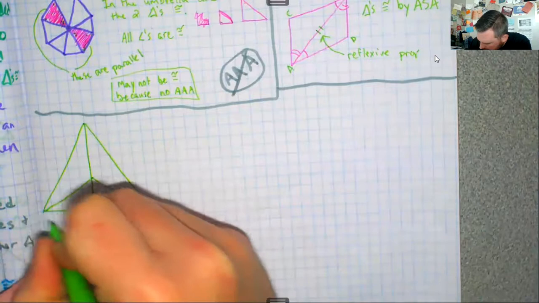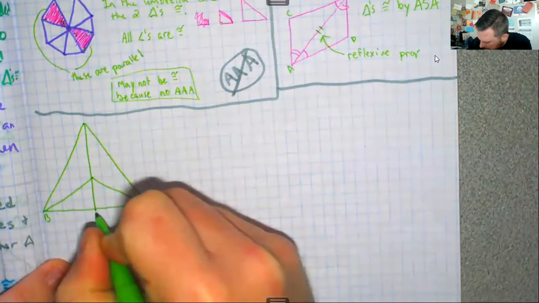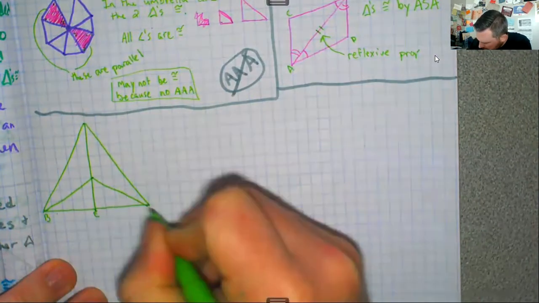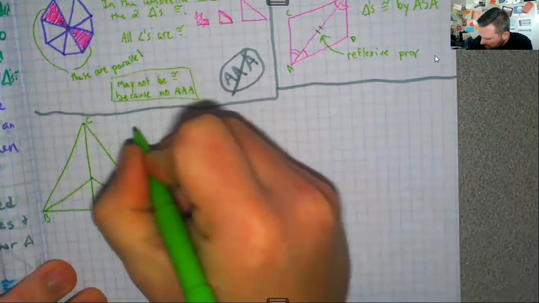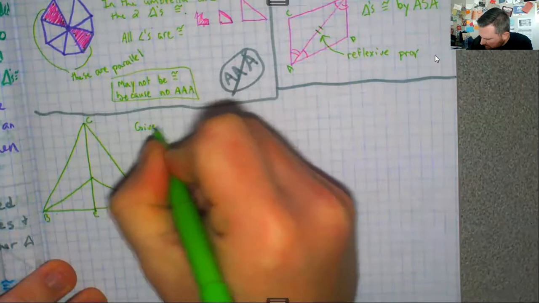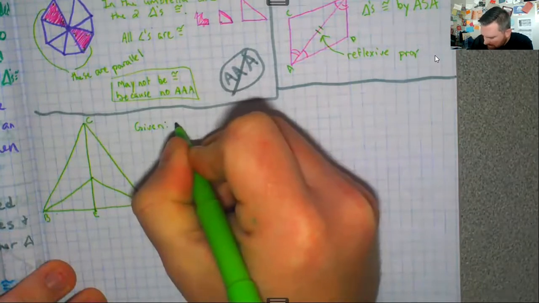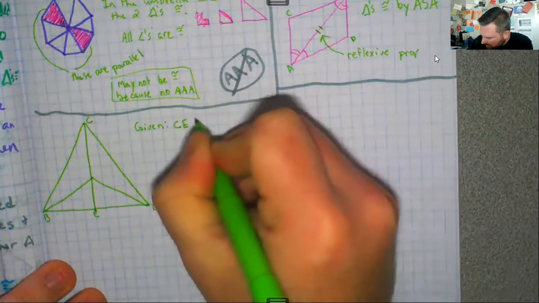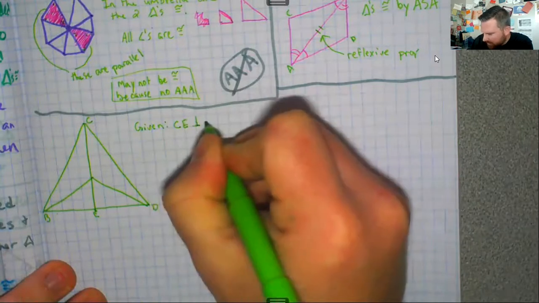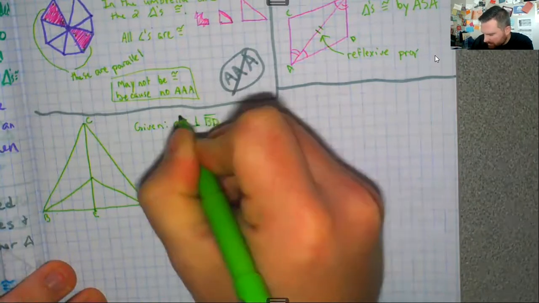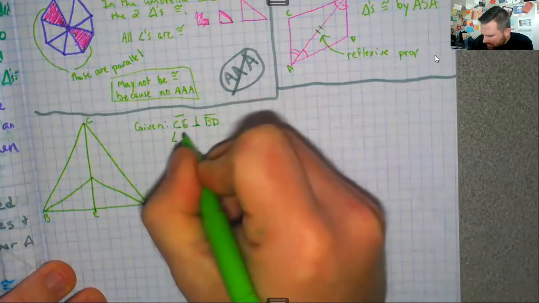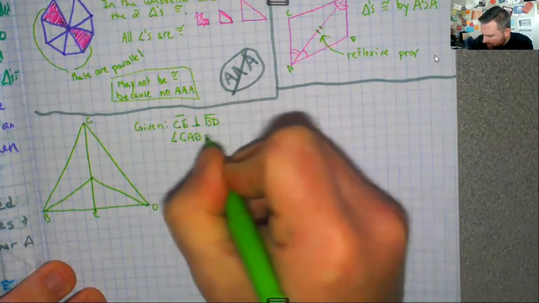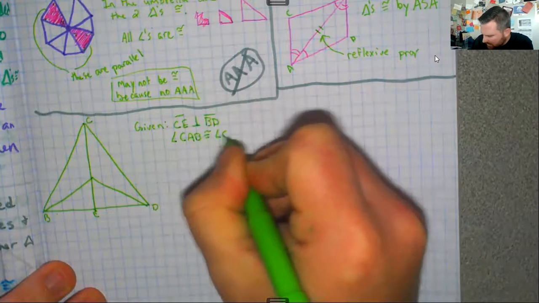Okay, B, E, D, and C. It says given CE is perpendicular to BD, and those are segments, and angle CAB is congruent to angle CAD.